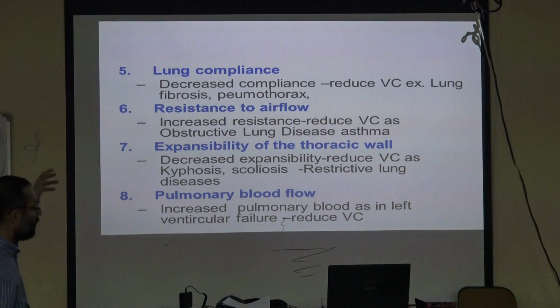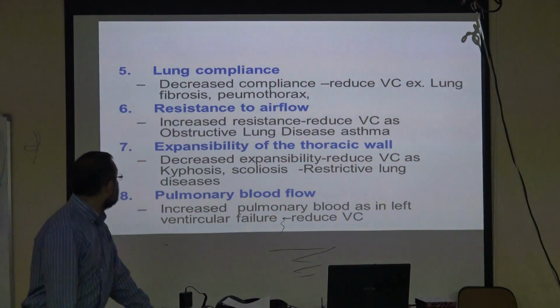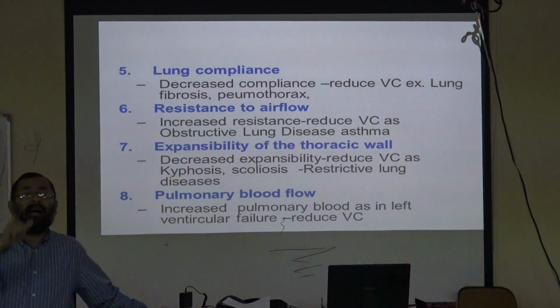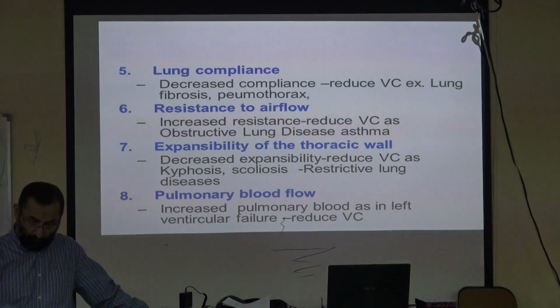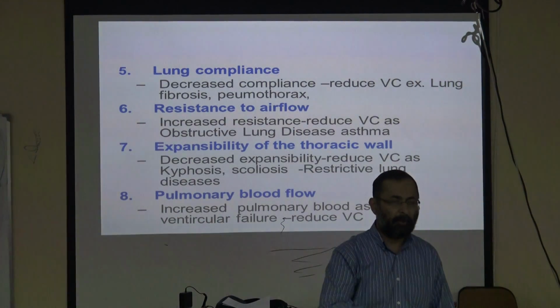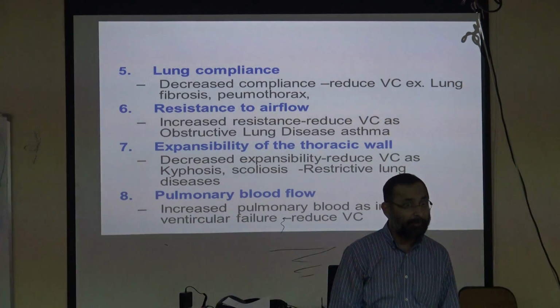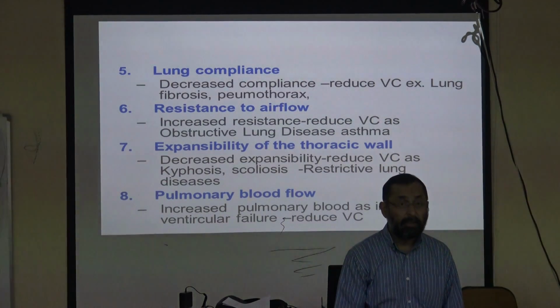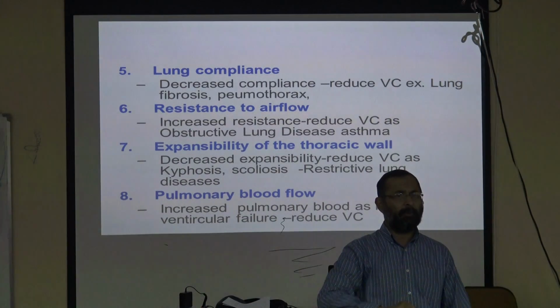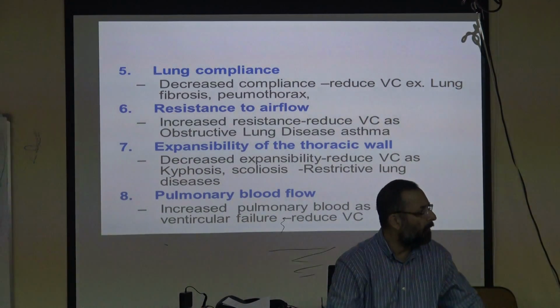So these factors are quite understandable. If there is a resistance to the airflow, for example, some diseases, remember the obstructions of the lungs. I take the air, no problem in my inspiration, because inspiration is making its own way and opening the airway.